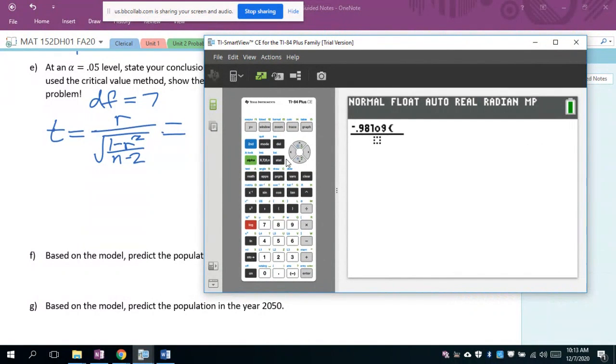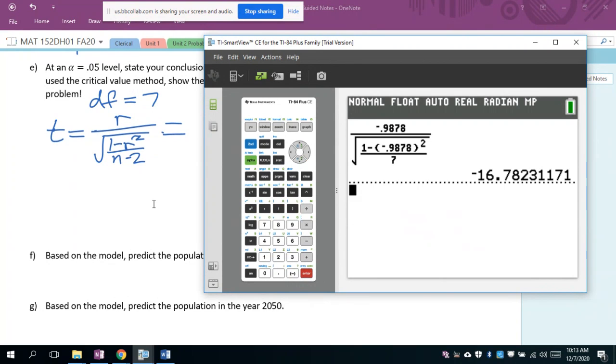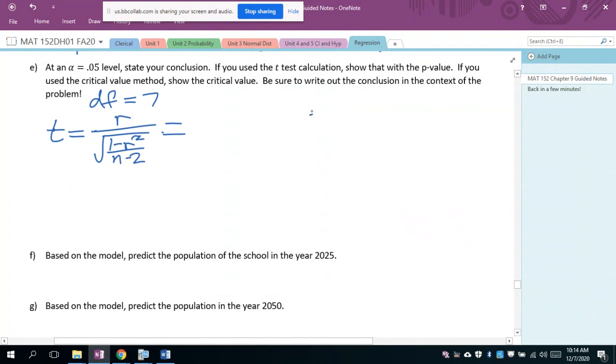So yeah, we set up a fraction right in here. 1 minus negative 0.9878 quantity squared over n minus 2, which is just going to be 7. And this is going to be negative 16.78.